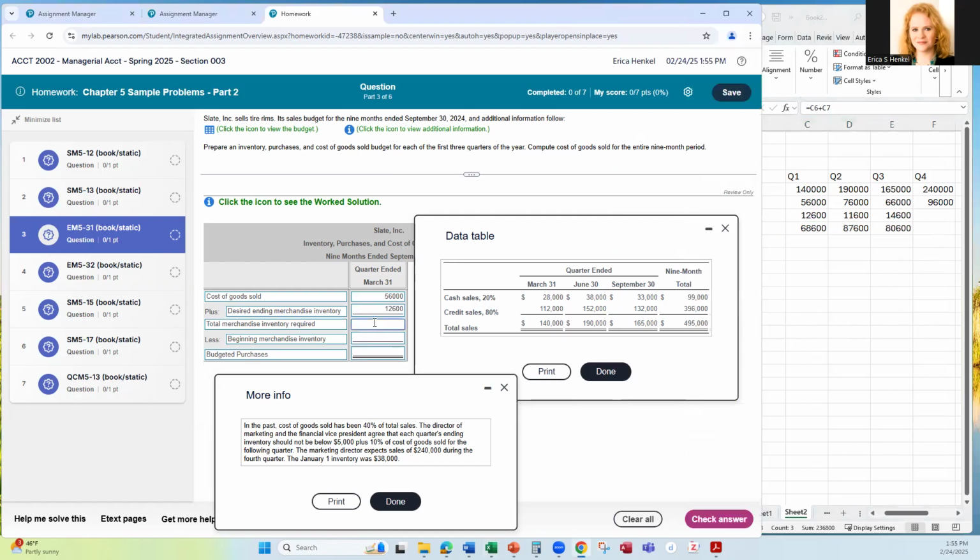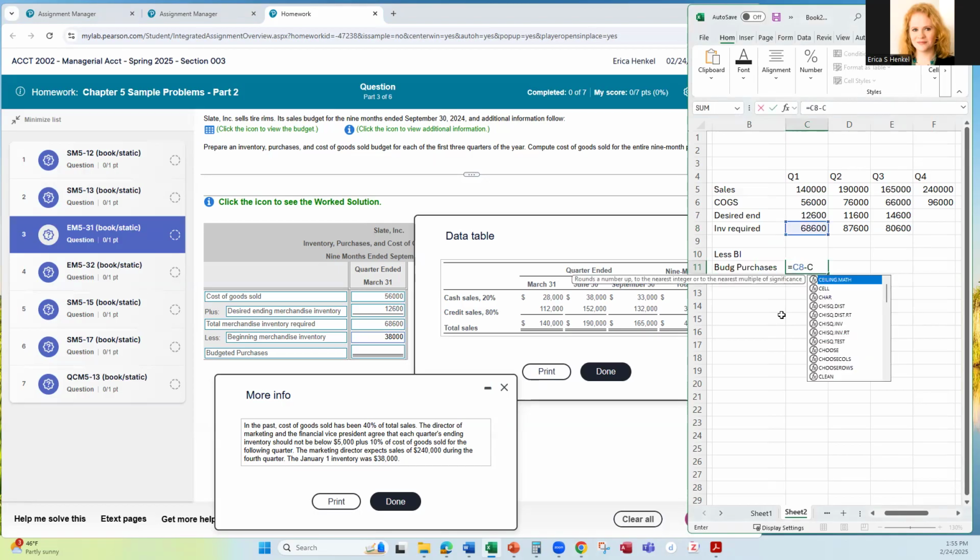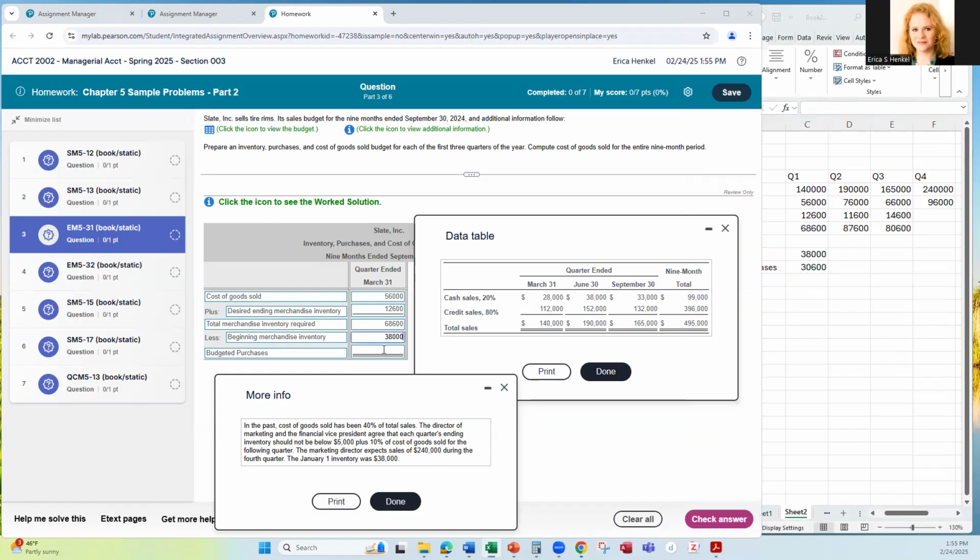Our beginning merchandise inventory is going to be 38,000, which they provided us down below. I'm going to take the inventory required minus our beginning inventory to get our budgeted purchases. So 30,600 for that period.